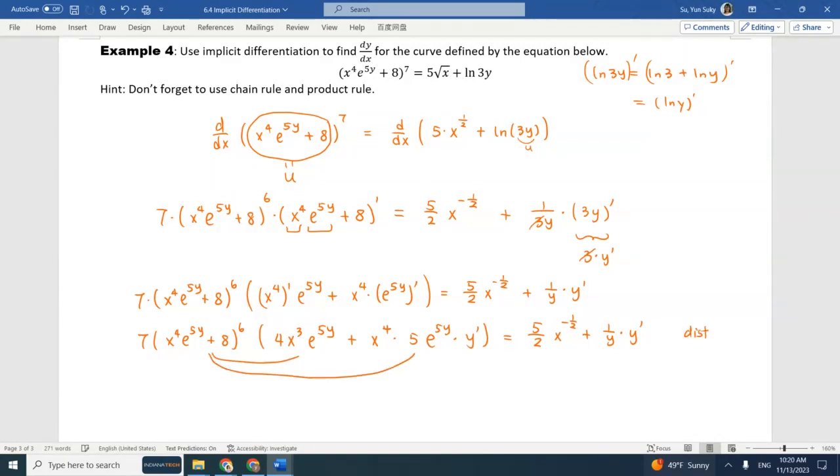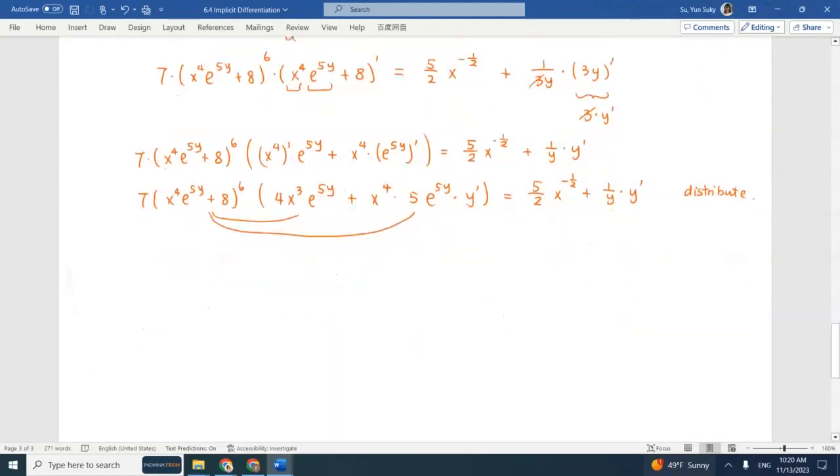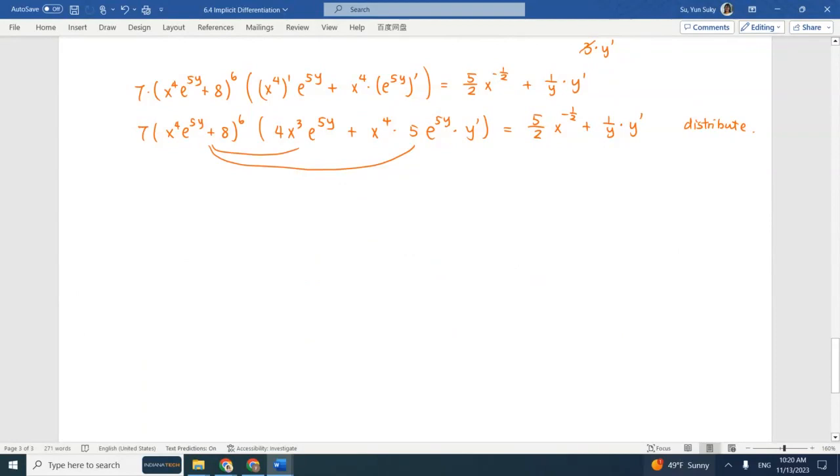So distribute. You want to separate the terms with y prime and without y prime. Even though it's a big factor, it's okay. Just copy it. So copy this and multiply by the first factor, 4x cubed e to the 5y plus, okay, copy this.